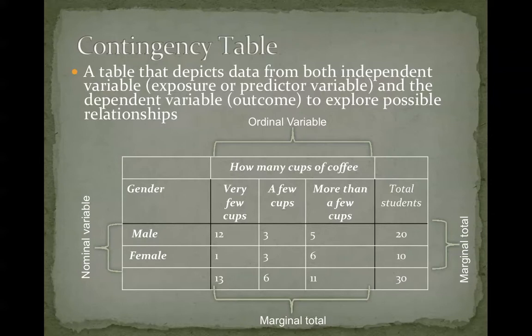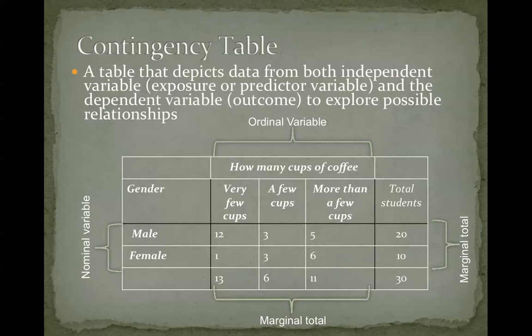You'll notice here I have a bracketed note just so you could be aware: gender here is a nominal variable. A nominal variable is a variable that is a name in nature. Nominal means name.